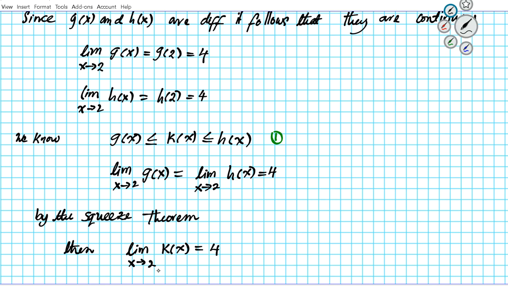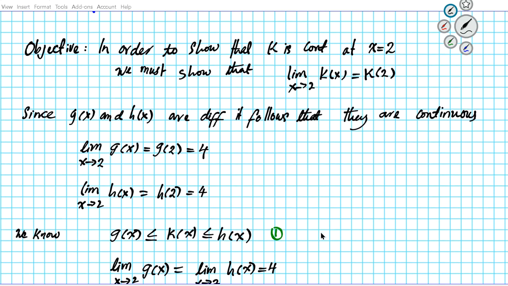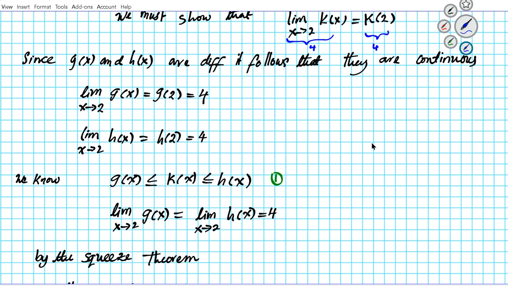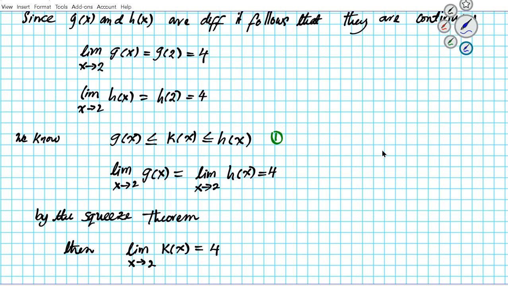All right? So now we've shown that the double-sided limit is equal to 4. Okay? So let's go back to our objective. The objective is to show that the double-sided limit is equal to the value of the function. So we've been able to show that this side, the left side, is equal to 4. Now can we show that this side, k of 2, is also equal to 4? Well, let's go ahead and do that. That's not too complicated to show.